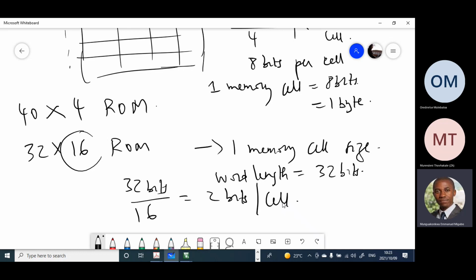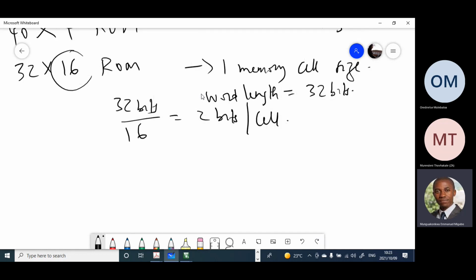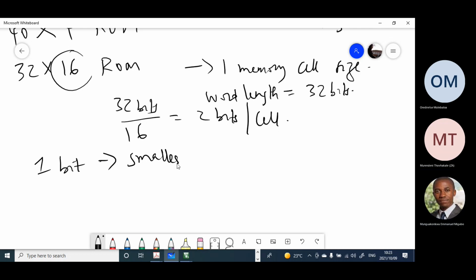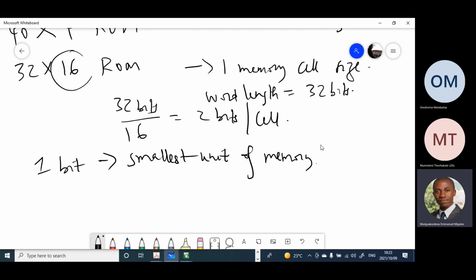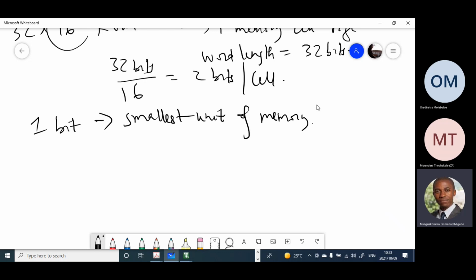Now of course you know very well that the smallest unit of memory is what we call a bit. That's the smallest unit of memory, and it stands for binary digit, of course.